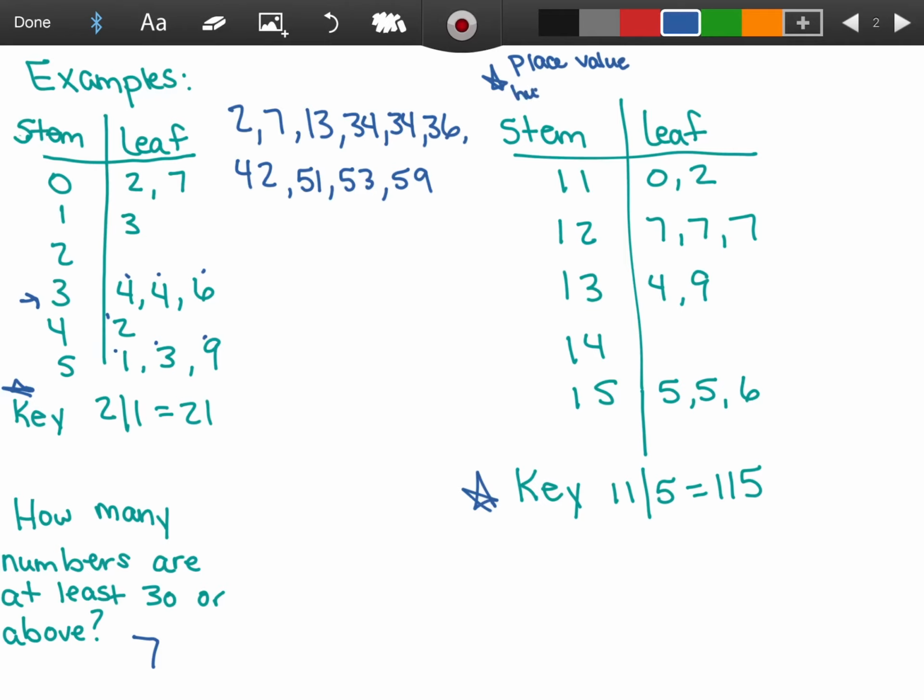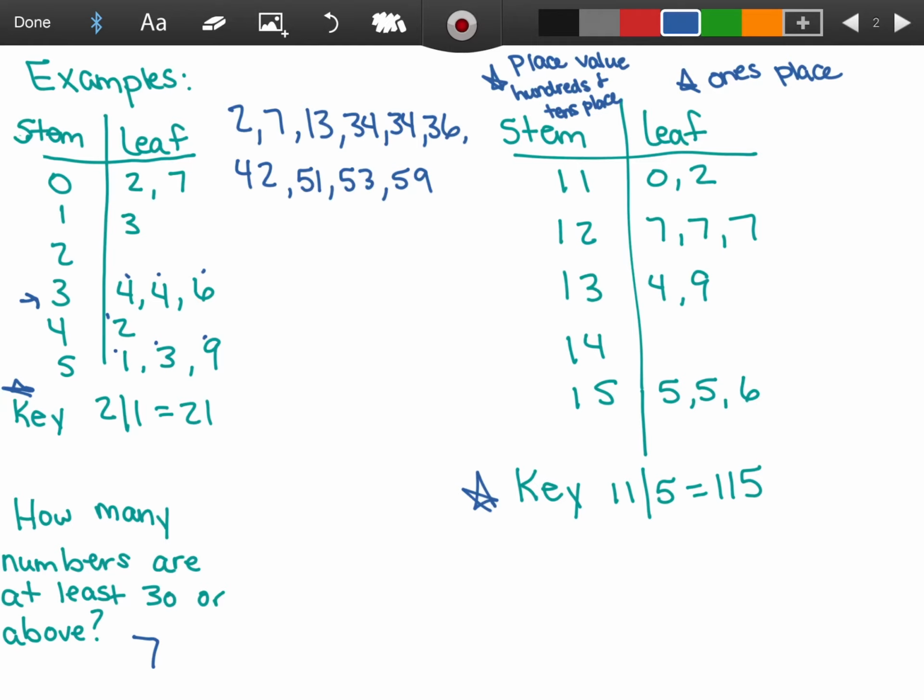It's your hundreds and tens place. This is when you start getting into bigger numbers, numbers that are bigger than 99, and they have more than just 2 place values. So if you have 2 numbers under your stem, then it's going to be your hundreds and tens place, and your leaf will still be your ones place.